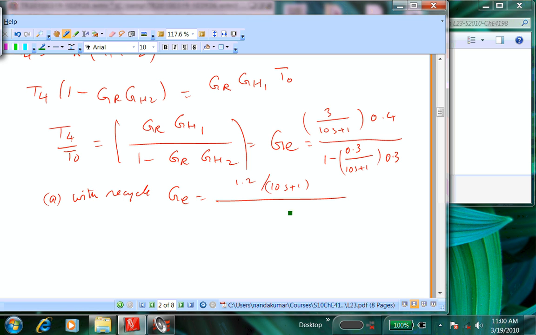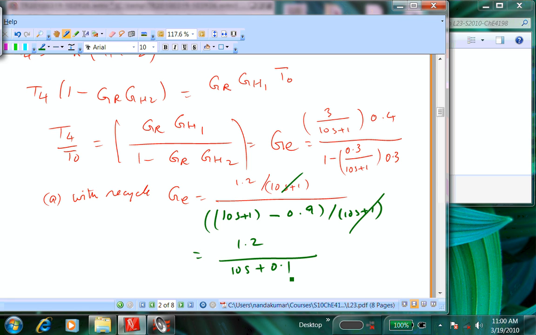Okay, so let me just take a common factor there. So it's 10S plus 1 minus 0.9 divided by 10S plus 1. Okay, so the 10S plus 1 will cancel out, and what you're going to get is 1.2 divided by 10S plus 0.1. Okay, or you can write this as multiply and divide by 10, so you can write this as 12 divided by 100S plus 1.